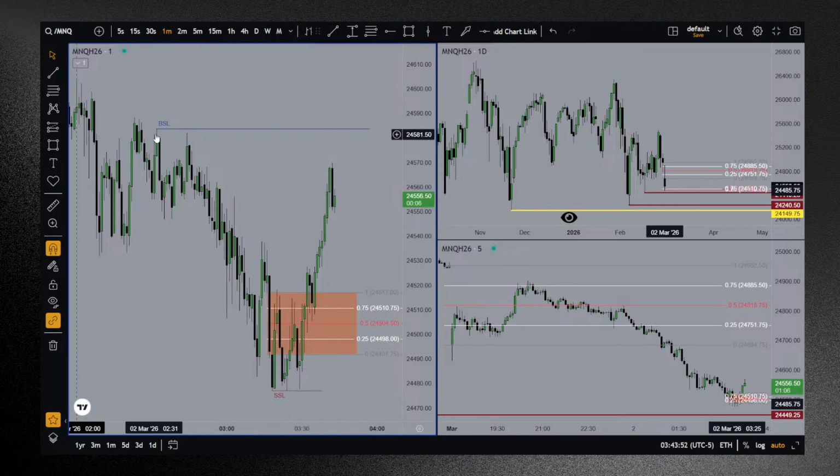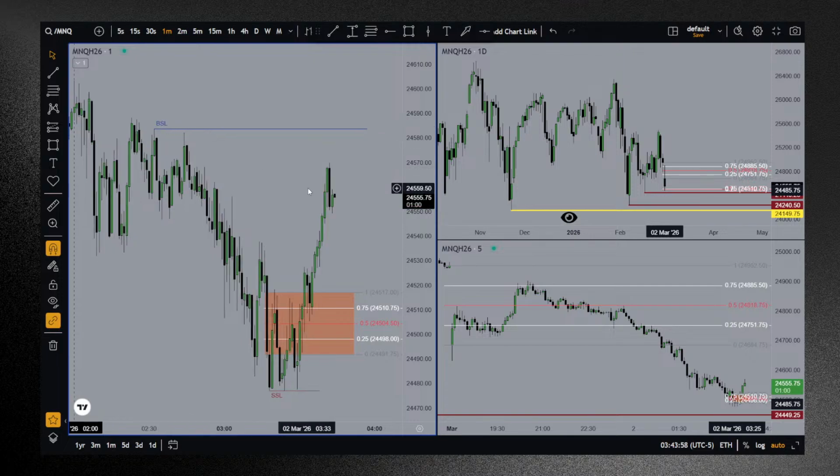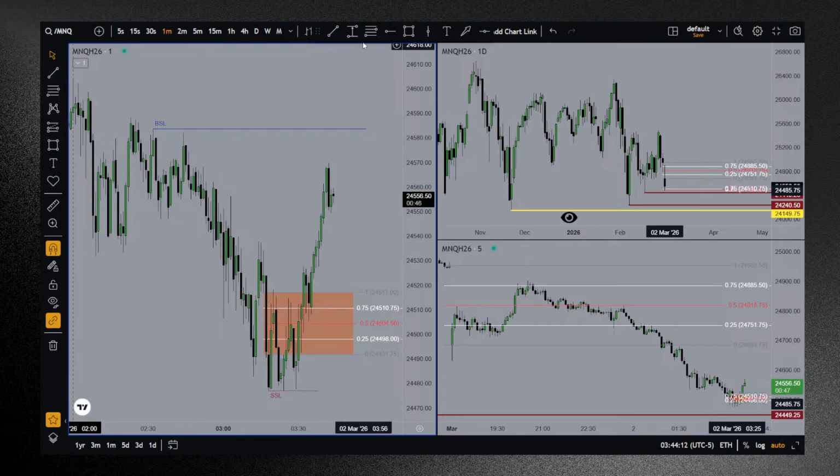I personally still think this is a good candidate, but if it fails, that's another piece of information for me that would indicate even further weakness near term. But nonetheless, we traded into this small little fair value gap here.